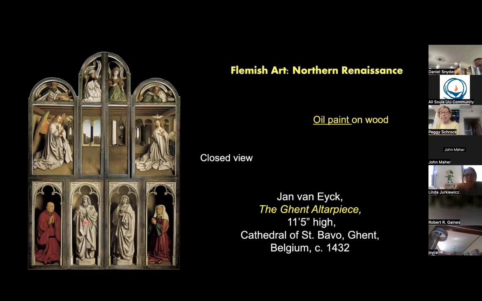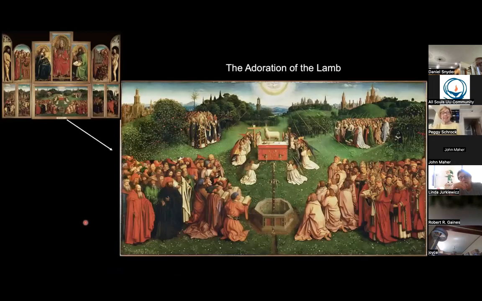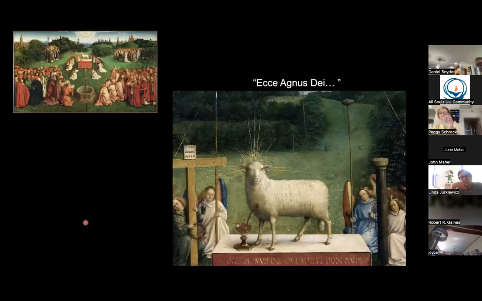Peggy, yes, I want to go back to what you were talking about with that lamb and the blood squirting out into the chalice. Agnus Dei, yes. I just want to make sure I understood this. It sounded like you were saying that this picture was indicating the beginning of this part of the ritual in the Catholic Church.